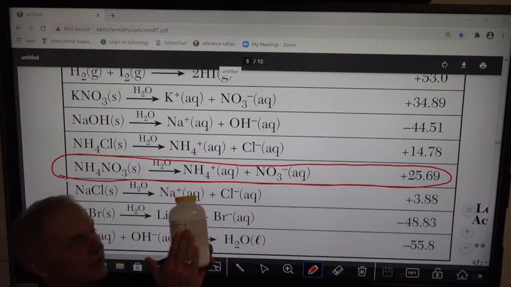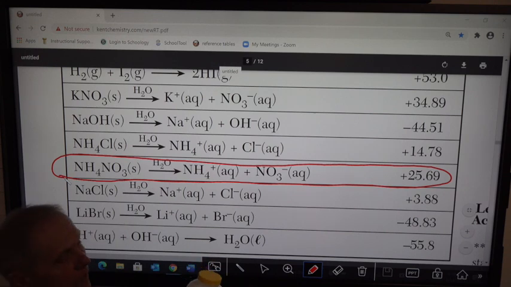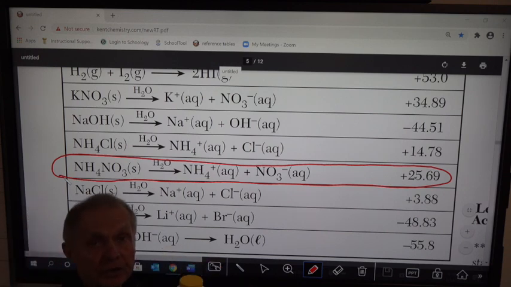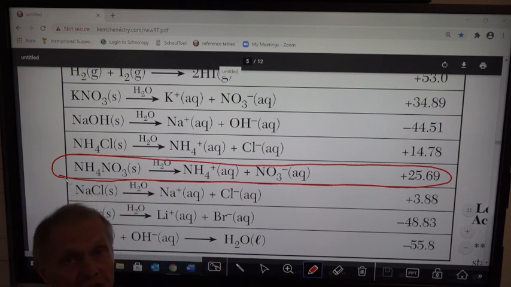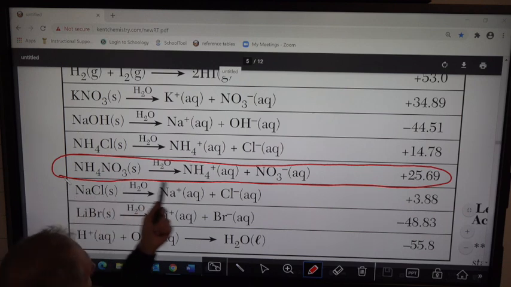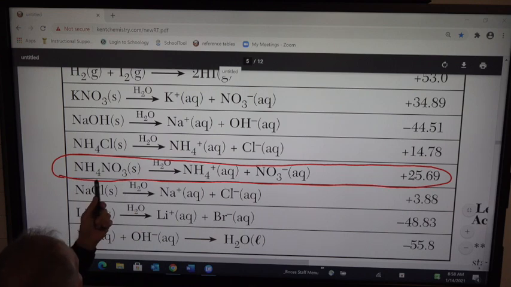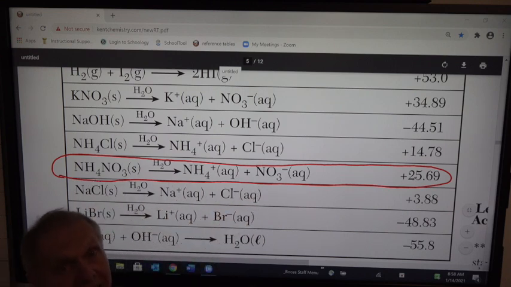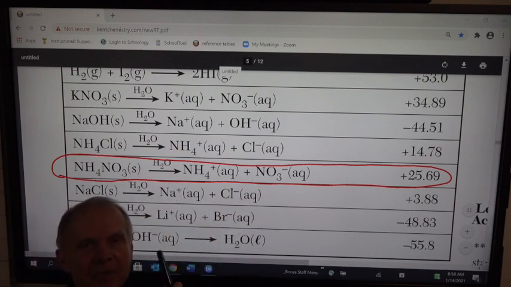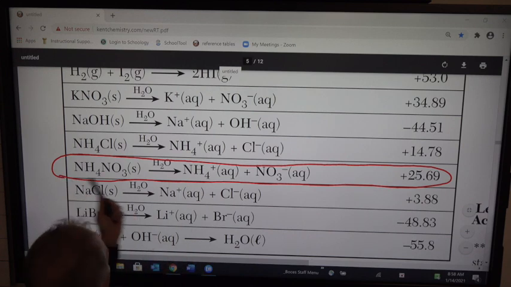This is ammonium nitrate, all right? Ammonium nitrate, it looks like crystals, and if it looks like crystals, chances are it's an ionic compound. Now, for this particular reaction, ammonium nitrate yields ammonium plus nitrate. This is a decomposition reaction. It's breaking apart.